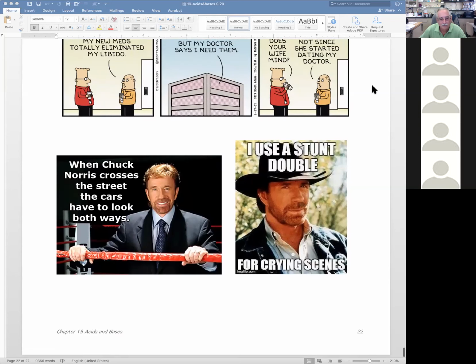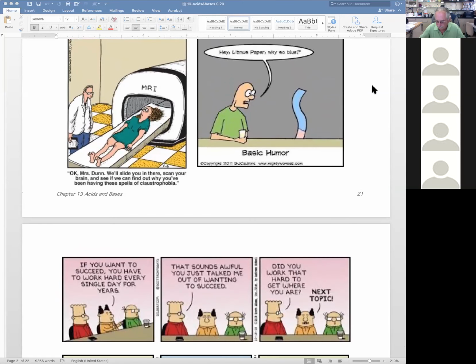Okay, so that really completes chapter 19. Chapter 20 and 21 are actually short chapters. This was a long chapter.